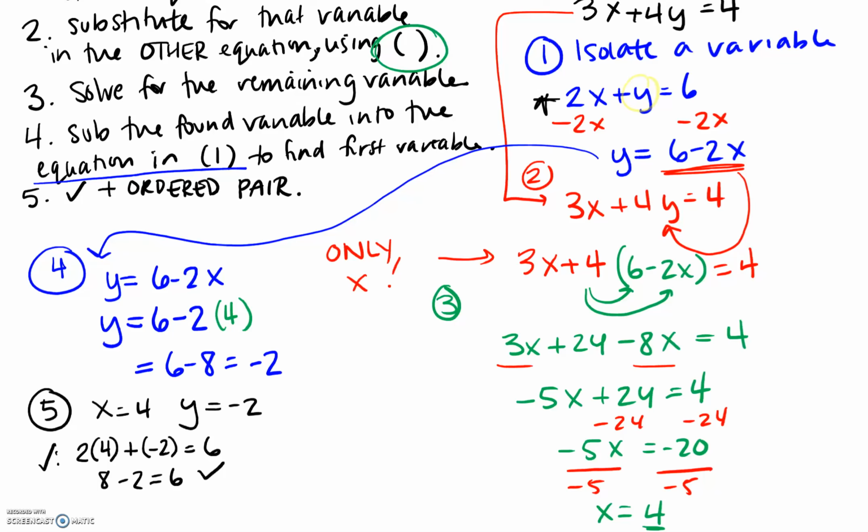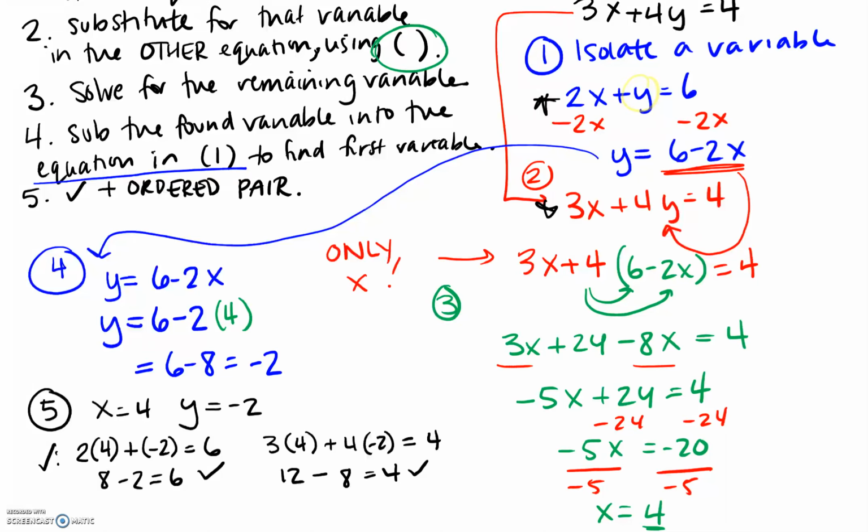And then we have to also check our second equation. So 3 times 4 plus 4 times negative 2 is equal to 4. 12 minus 8 is equal to 4, which is also true. So this thing is definitely our solution.